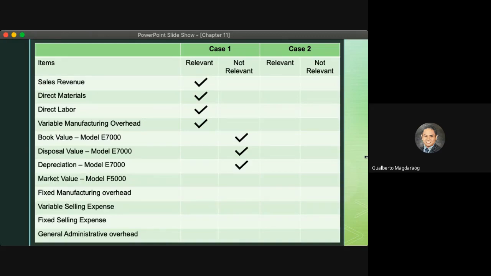Ito bibilhin natin, babayaran natin to. It will make a difference because it will decrease our cash or maybe it will increase your payables. Kaya may change ito, it's a future cost, therefore this one is relevant cost. As mentioned in the case, fixed manufacturing overhead will not be changed, kaya irrelevant cost or not relevant.